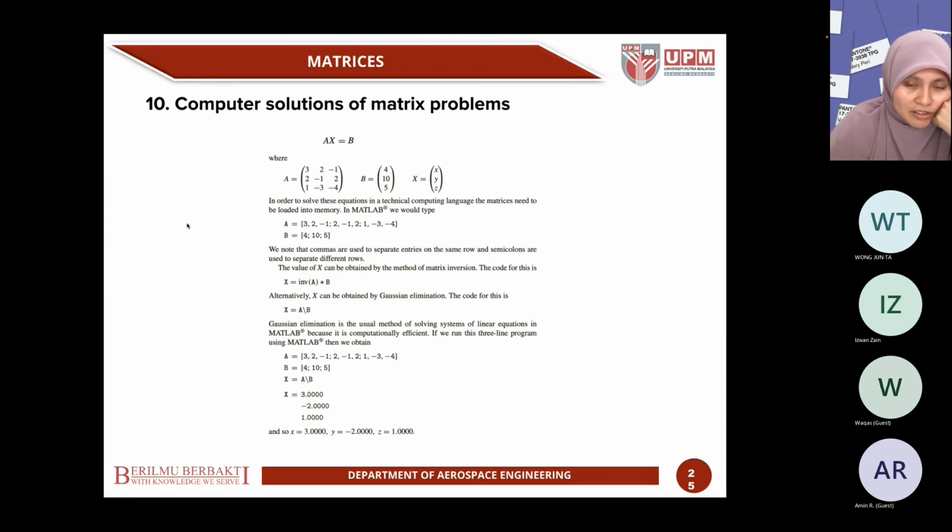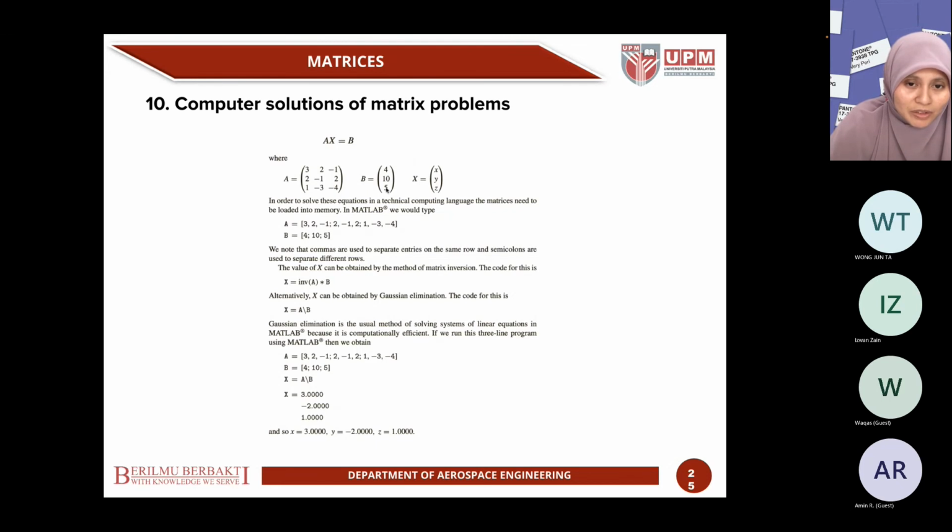In MATLAB you can write the matrix, for example matrix A here, the 3 by 3 matrix, 3, 2, minus 1, 2, minus 1, 2, etc. You put the first row with commas, 3, 2, minus 1, and then a semicolon to differentiate the first row and the second row. This is how you write a matrix in MATLAB.